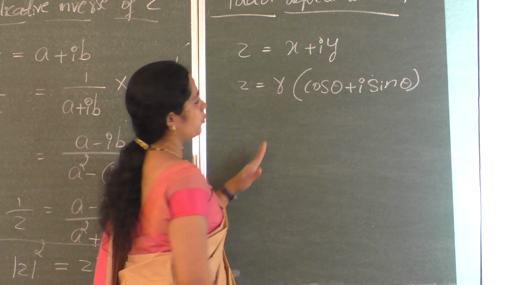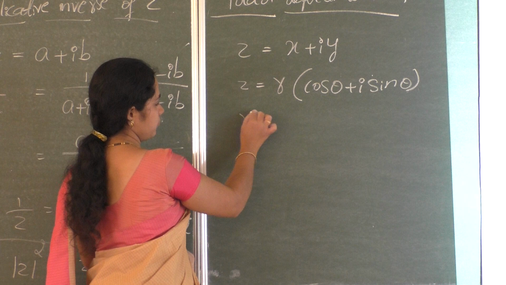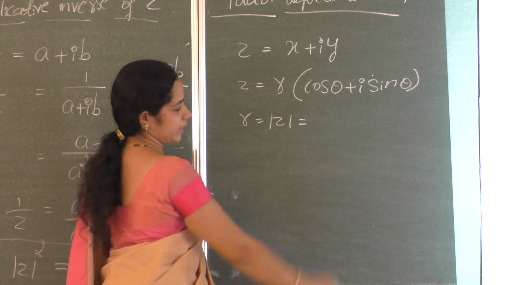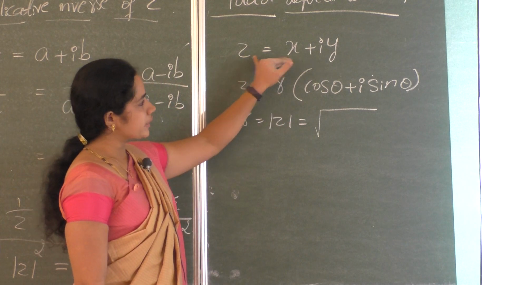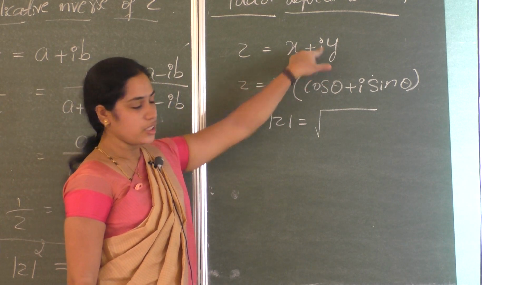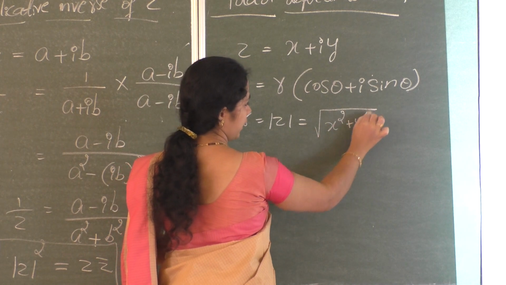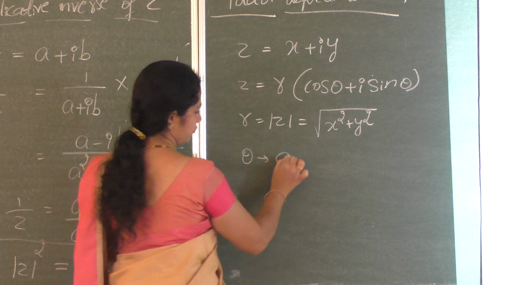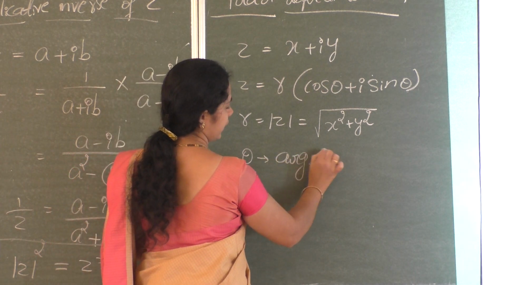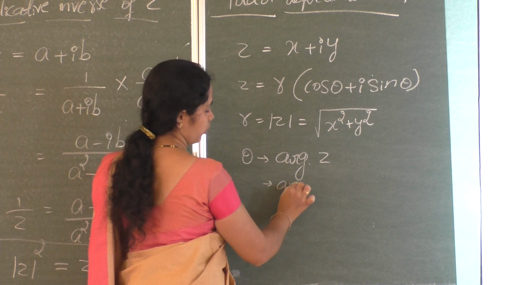This is called a polar representation of a complex number, where r is the modulus of z. Suppose z is equal to x plus iy, what is the modulus of z? That is root of x square plus y square. Now theta is the argument of z, or we can say this is amplitude of z.